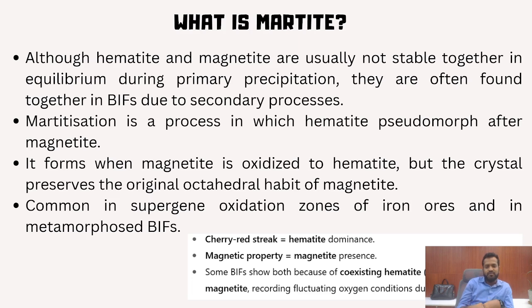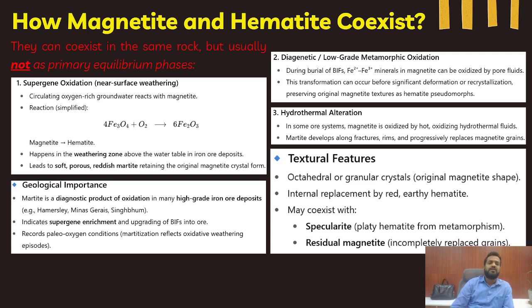So some BIFs show both because of coexisting hematite and magnetite. Of course, as I have told, magnetite and hematite cannot form by a single process primarily. So this records fluctuating oxidation conditions, correct? So how do magnetite and hematite coexist exactly?